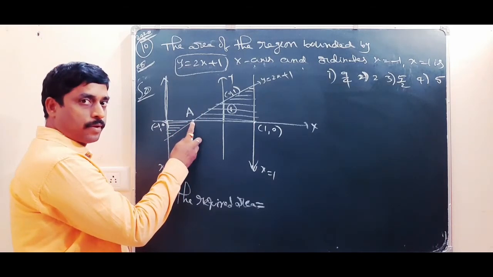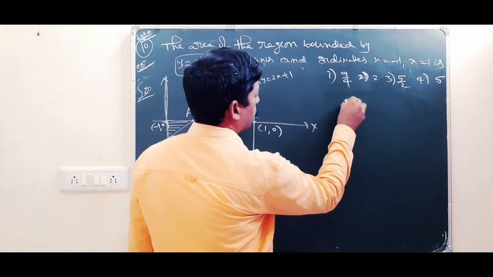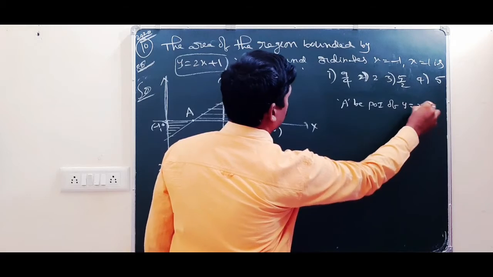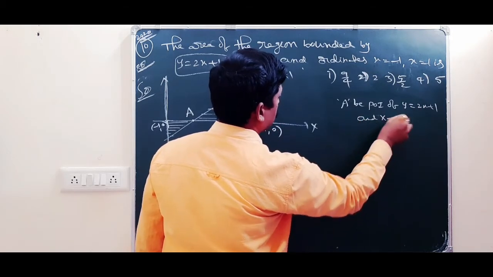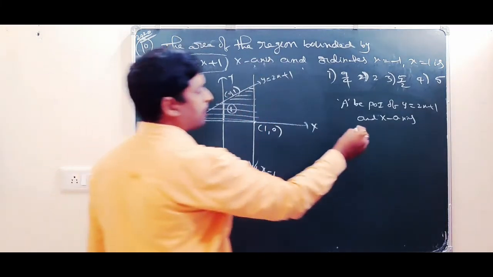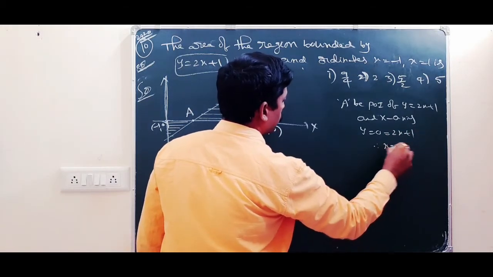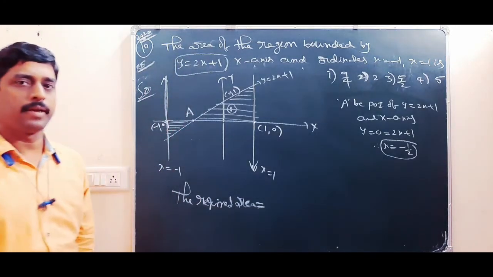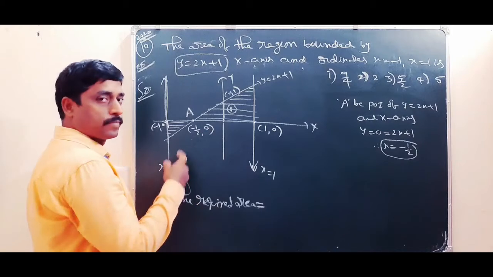This A, B is the point of intersection of the x-axis and this line. So A, B is the point of intersection of y is equal to 2x plus 1 and the x-axis. On the x-axis, the y coordinate is 0. So y is equal to 0, that is 0 is equal to 2x plus 1. Now for the x value, we got minus 1 by 2. So this is the point minus 1 by 2, 0.